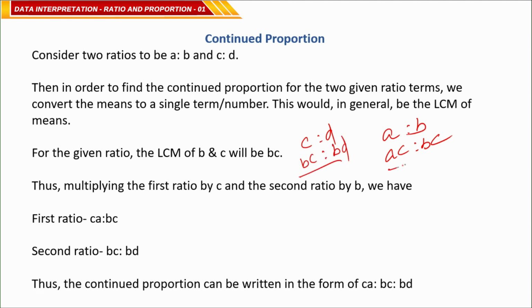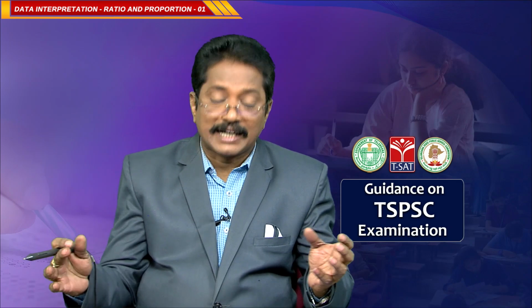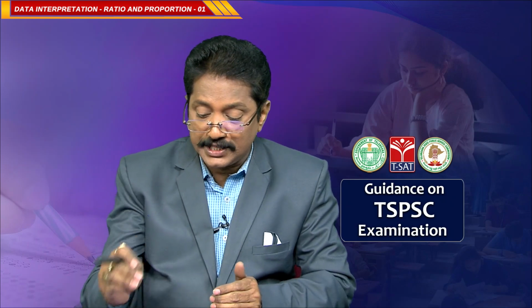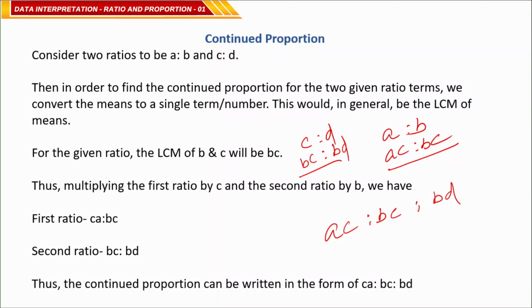So, here AC is to BC is one ratio, here BC is to BD, which means AC is to BC is to BD. So, this is called a continued ratio, continued proportion. A is to B is one ratio, C is to D is another ratio. By considering these two ratios, we will make a continued ratio, that is, multiply A is to B with C, then it becomes AC is to BC, multiply C is to D with B, then it becomes BC is to BD, then it becomes AC is to BC is to BD.